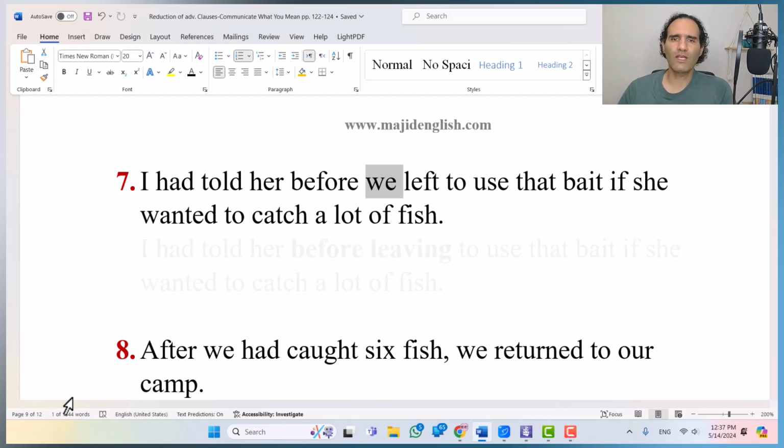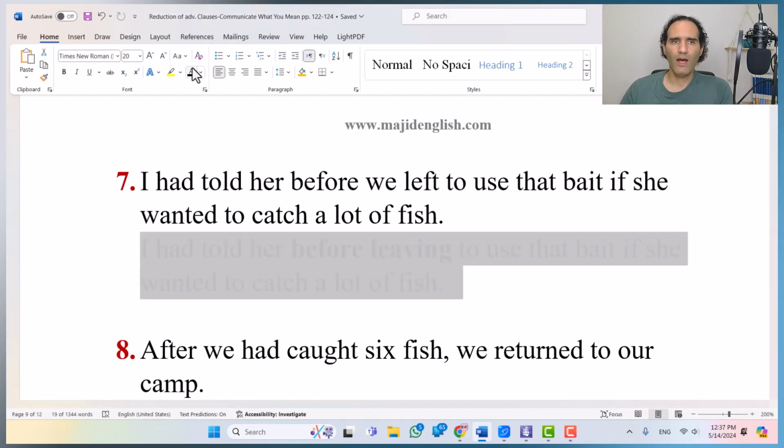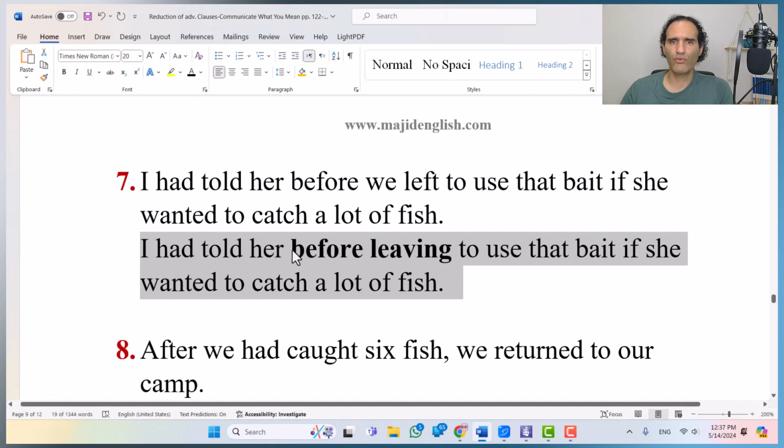Why? Because inside we have I and some other people. So here we can also reduce this one. And we say, I had told her before leaving. Before we left, omit the subject, add -ing: before leaving, to use that bait if you wanted to catch a lot of fish.